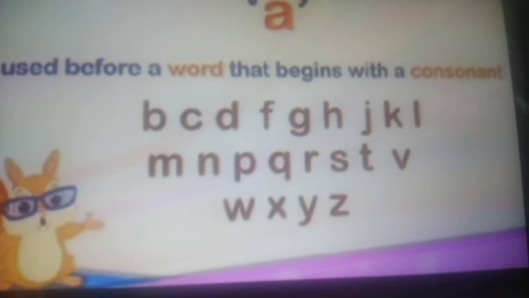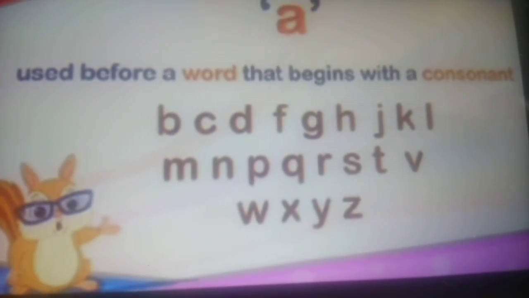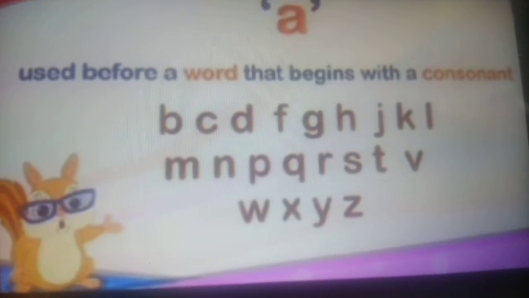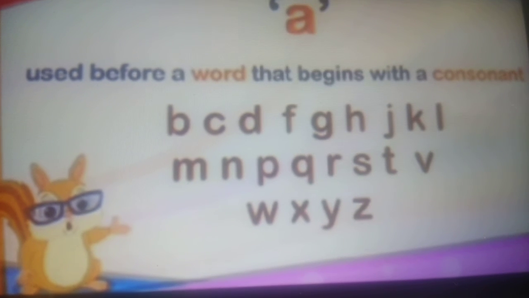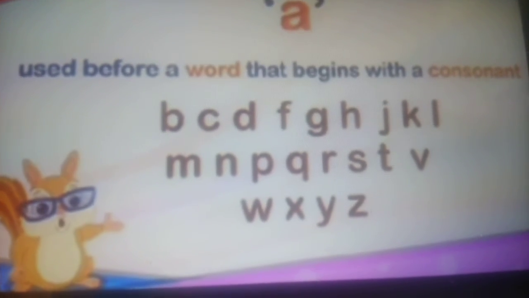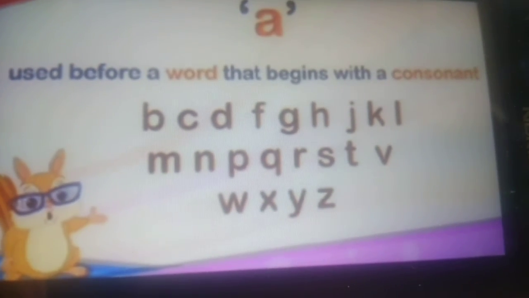What are consonants? B, C, D, F, G, H, J, K, L, M, N, P, Q, R, S, T, V, W, X, Y, Z. These are the consonants.